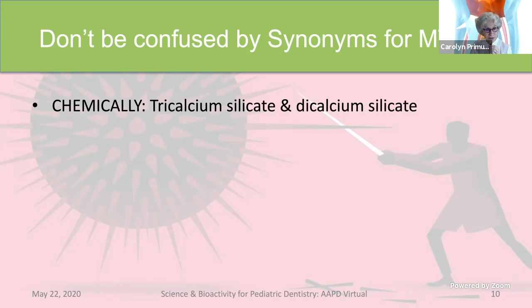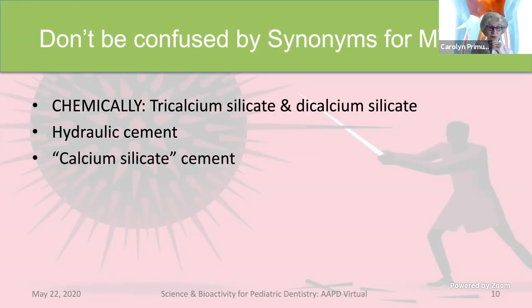So chemically, what we're talking about is tricalcium silicate, and often they contain dicalcium silicate, two specific ceramic compounds. And the unique thing about these compounds is, unlike a lot of other ceramic powders, they are hydraulic, so they react with water.